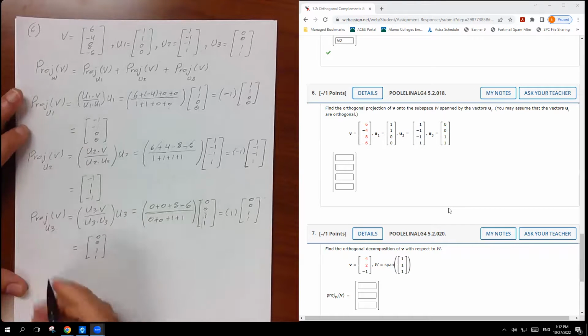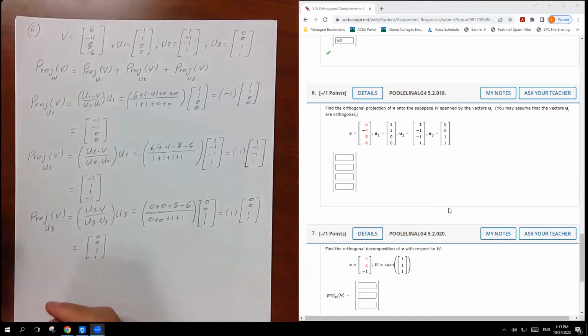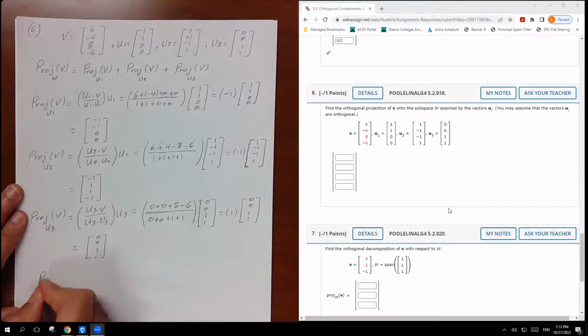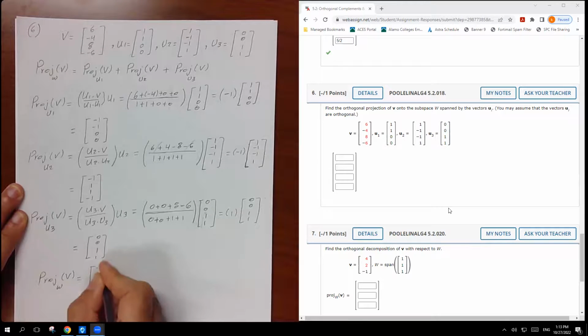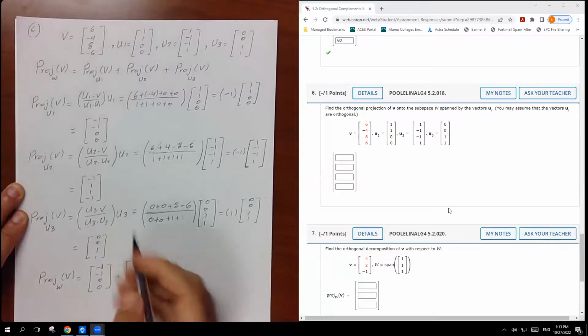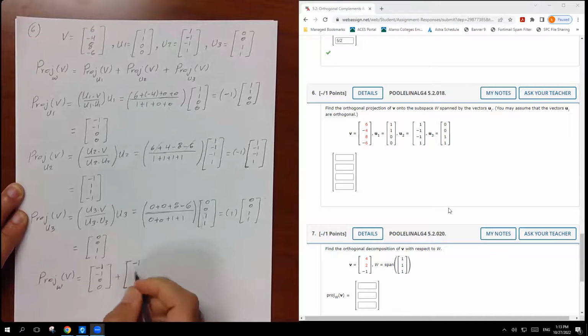Now we're going to go back. The projection of V onto W is going to be the first projection, -1, -1, 2 zeros. You can add the second projection too, which is -1, 1, 1, -1.